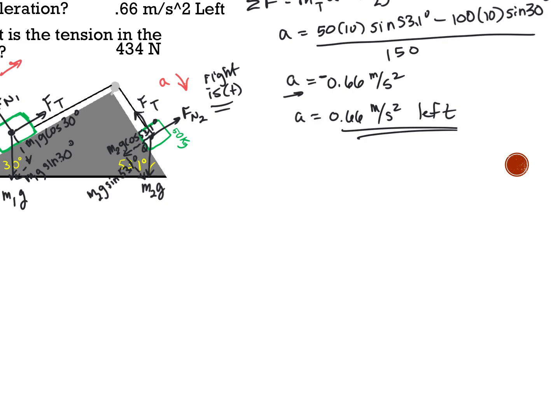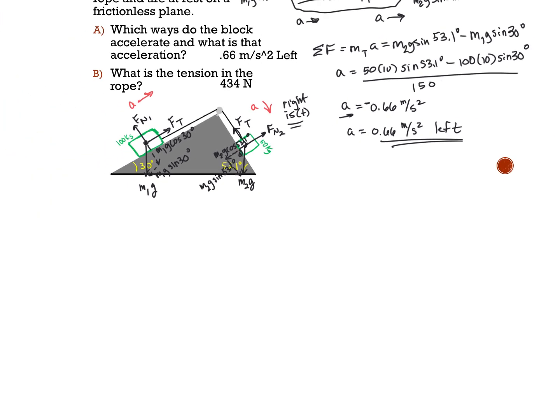That's the system approach. For part B, tension in the rope, we're just going to use one block. So the sum of the forces, I'm going to use this block right here, which means I'm going to use this force and the force of tension. So the mass of 1 times the acceleration. Now we know the actual acceleration is going this way, so if we use that as positive, it's going down the hill.